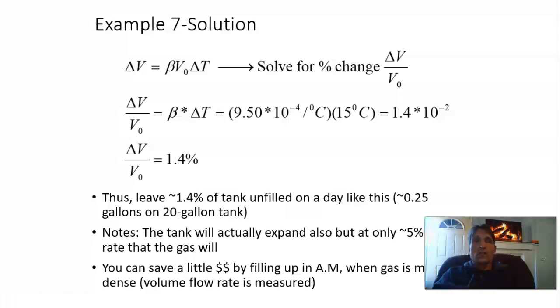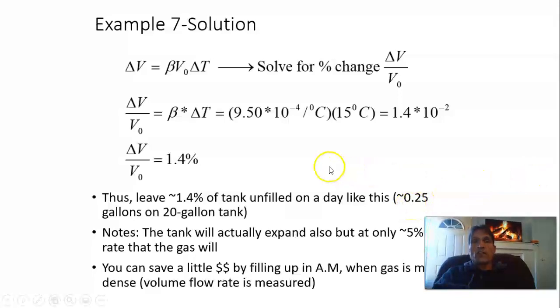So in the morning, if you're going to fill the tank up, leave about 1.5% empty, so only fill it up till about 0.25 gallons short on a 20-gallon tank. Don't top it off, leave about a quarter of a gallon for the gas to expand, and you won't lose any during the course of the day.